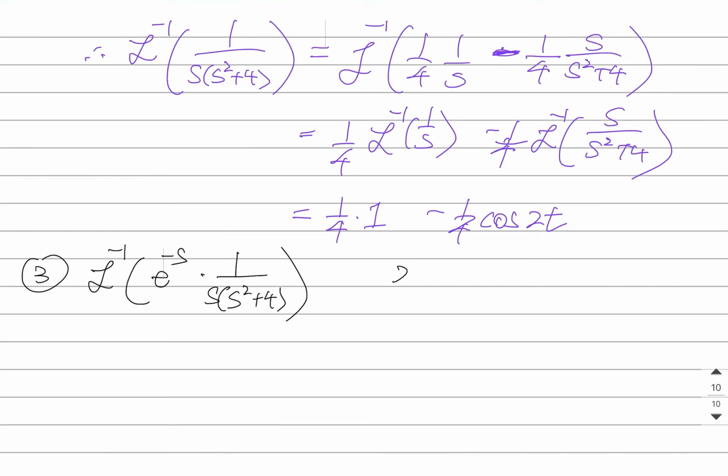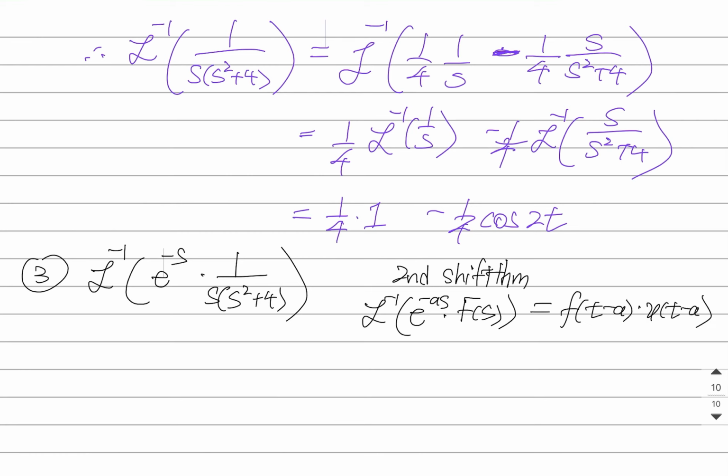Okay, so the second shift theorem, here's what it says. It says if you need to take the inverse Laplace transform of e to the negative as times some function, you are allowed to think of this as f of t minus a times unit step of t minus a, which really the calculational way, or probably the most useful way of thinking of this, is to say the following.